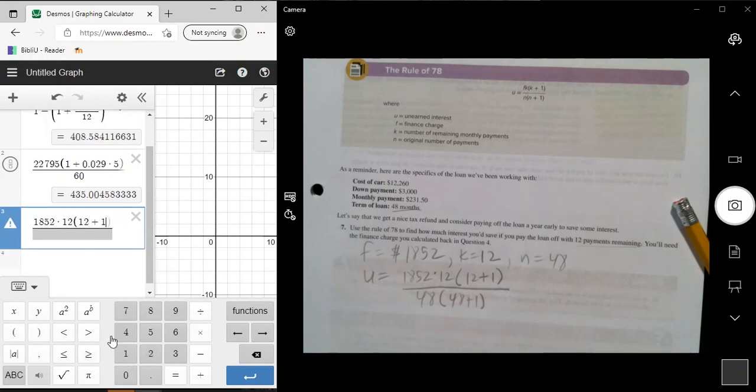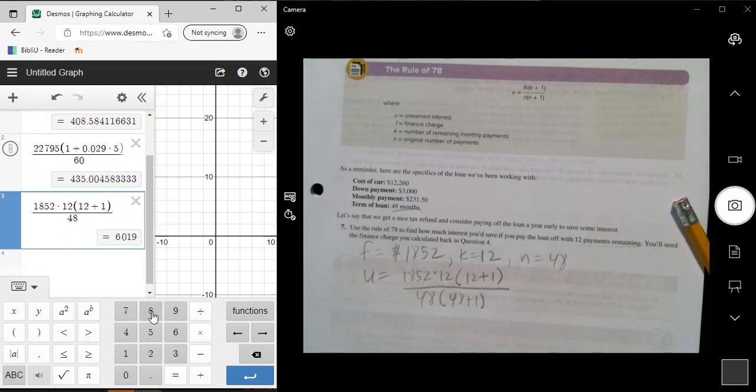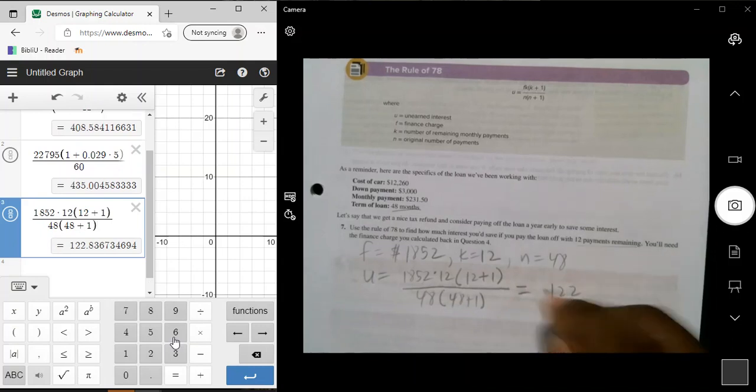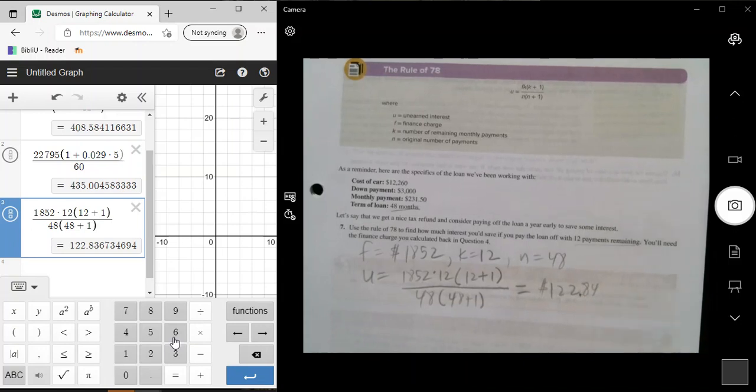We know that is 13, but I'm just going to type it in as is. Divided by 48, parentheses 48 plus 1. We know that is 49, but I'm still going to type it in as such. So this tells us that the unearned interest was $122.84. That would be the unearned interest that we won't have to pay by paying it 12 months early.